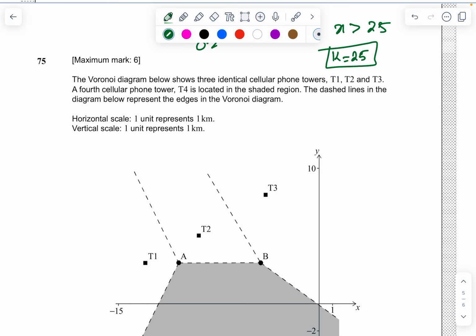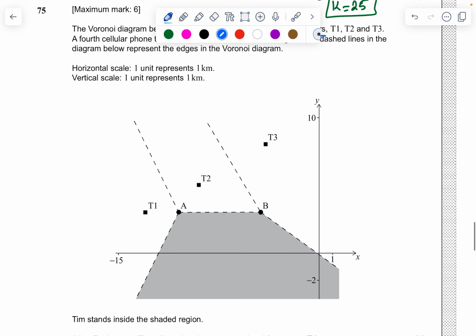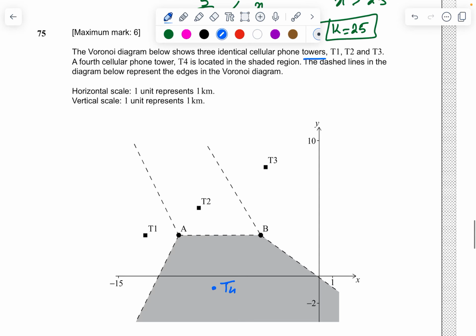That should be the answer. And the last question for today is question number 75. The Voronoi diagram below shows three identical cellular phone towers T1, T2, T3. The fourth tower T4 is located in the shaded region. Somewhere T4 is over here. The dashed lines are the edges, so we can see that T4 should be exactly over here.